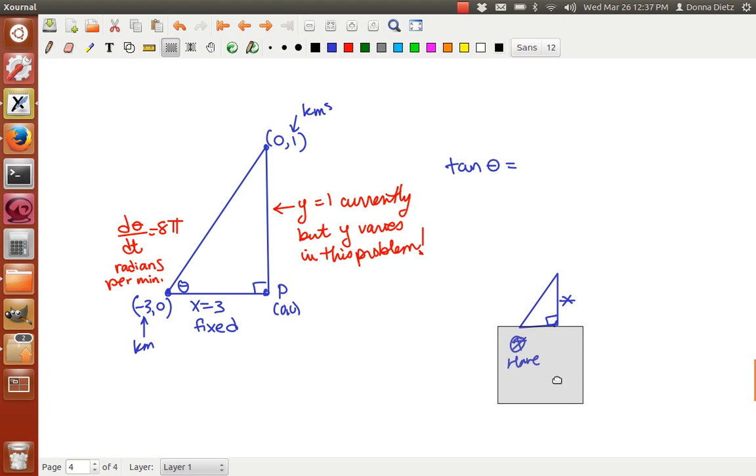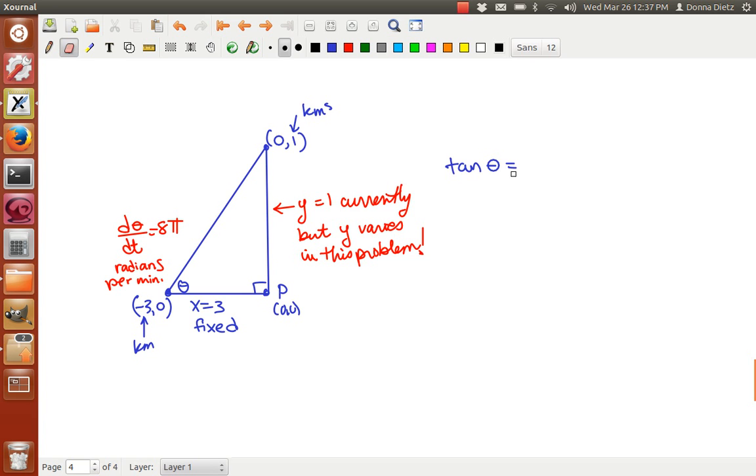If you have the hypotenuse and you want a leg, you typically use secant or cosecant, I forget which one. I told you what to do in class. So definitely we have the situation where we have a leg and want a leg, so we're going to use tangent.